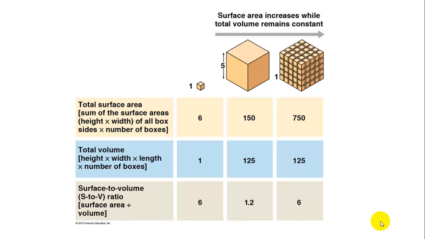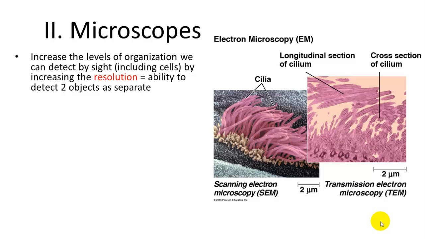Okay, so this is really just a figure from your book explaining the relationship between surface area and volume. In bigger things, they do not have as much surface area compared to how much volume is inside them. In smaller things, they have a lot more surface area compared to the volume within them. Okay, and that affects how big a cell can be.